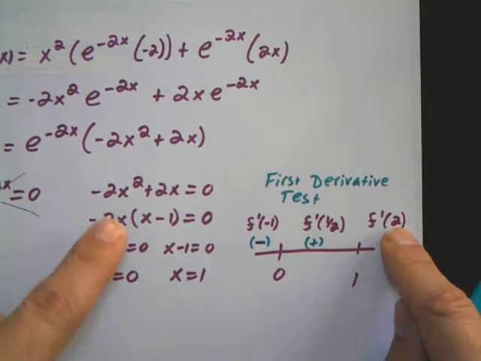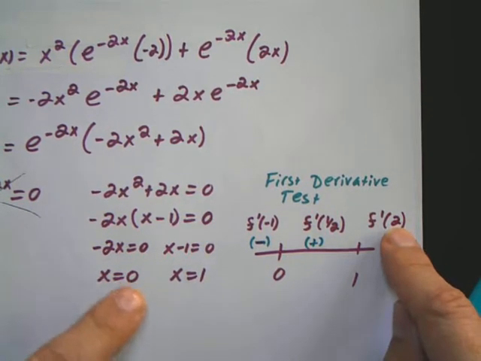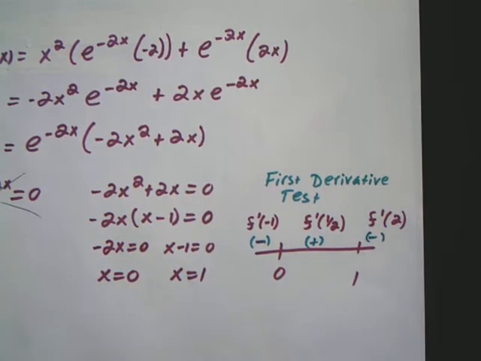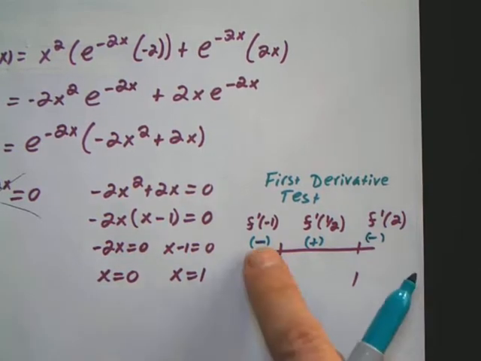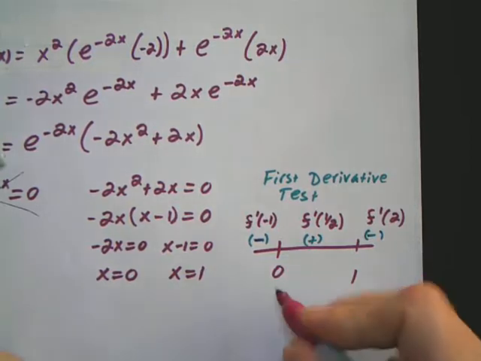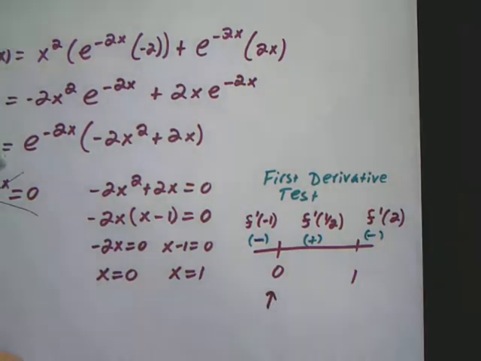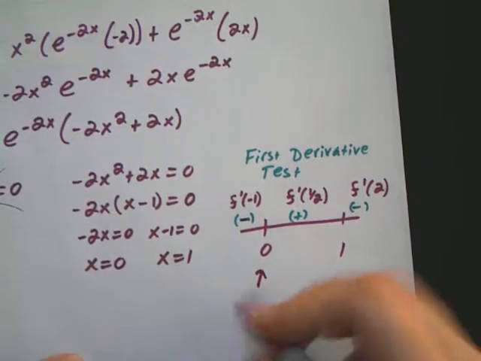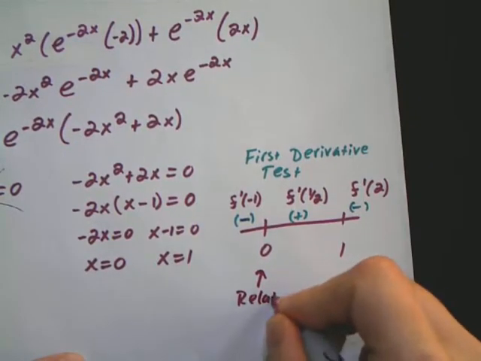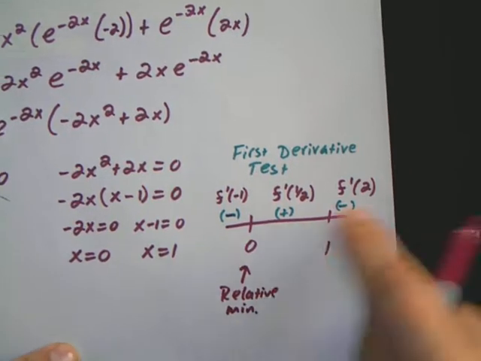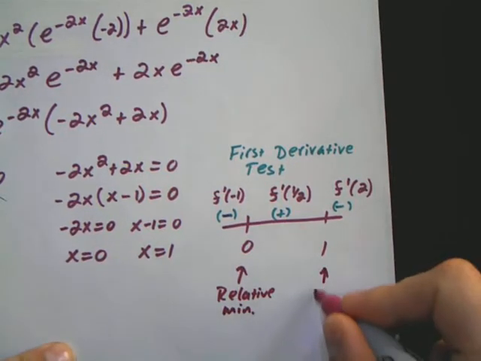When I plug in 2, this is a negative number times a positive number, so that's going to be a negative. Based on this negative to positive, this is going to be a relative minimum. And based on the positive to negative, this is going to be a relative max.